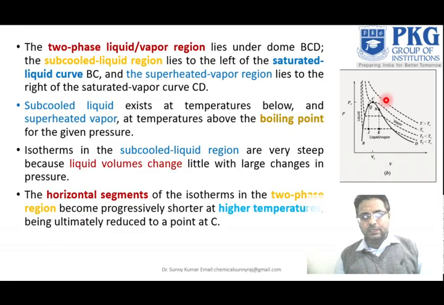When the temperature is high, the two-phase region is very short, but when the temperature is low, the two-phase region is large. At the highest temperature, it ultimately reduces to a point, the critical point.